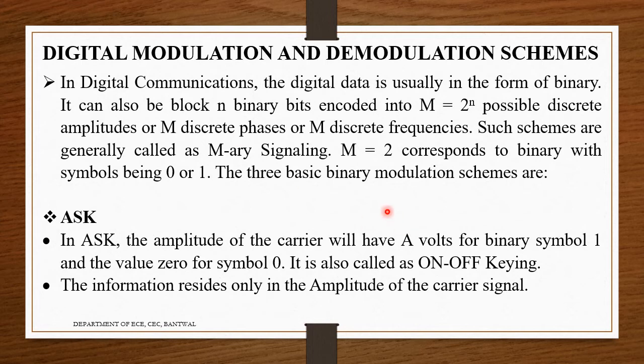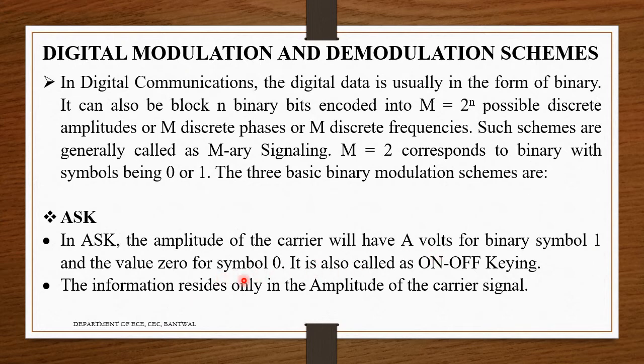Usually we'll get into the three basic binary schemes. On the basis of this, we have to represent the symbol 0 or 1. The first one is ASK, amplitude shift keying. Here the amplitude of the carrier will have A volts for binary symbol 1 and the value 0 for symbol 0.